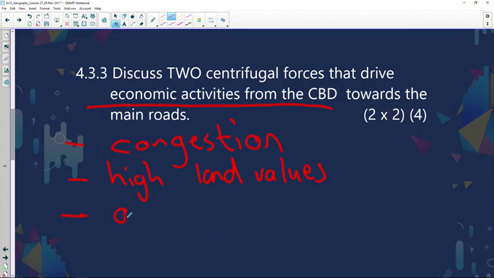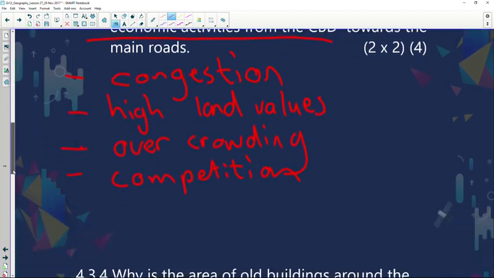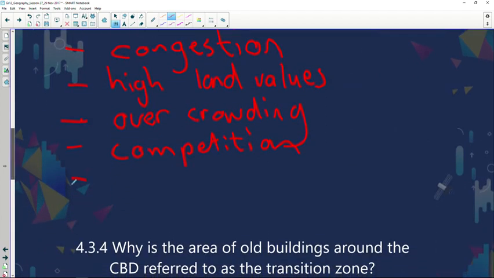Another reason is because of overcrowding. There's too many people over there. And we can also mention competition. There might be already similar shops in the area that are similar to yours. And another problem that goes with congestion, I'm just going to add there, no parking space.